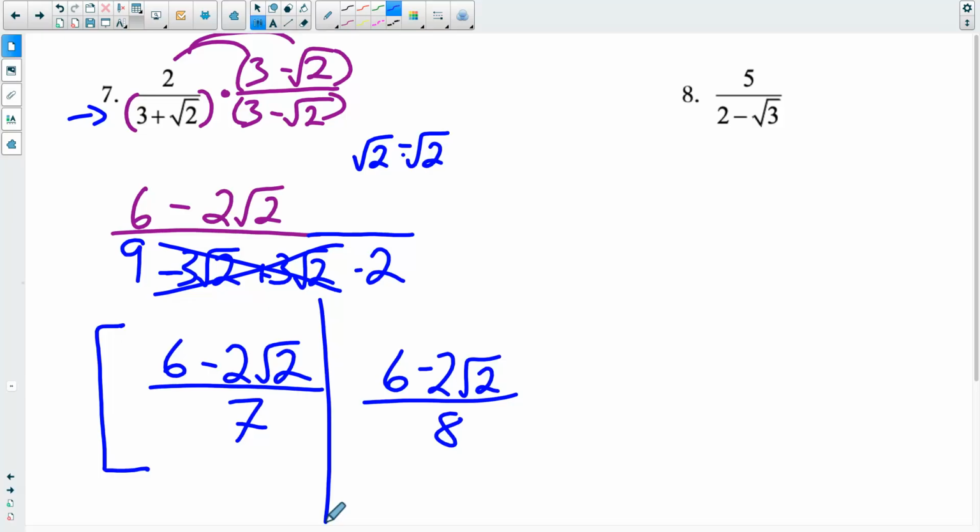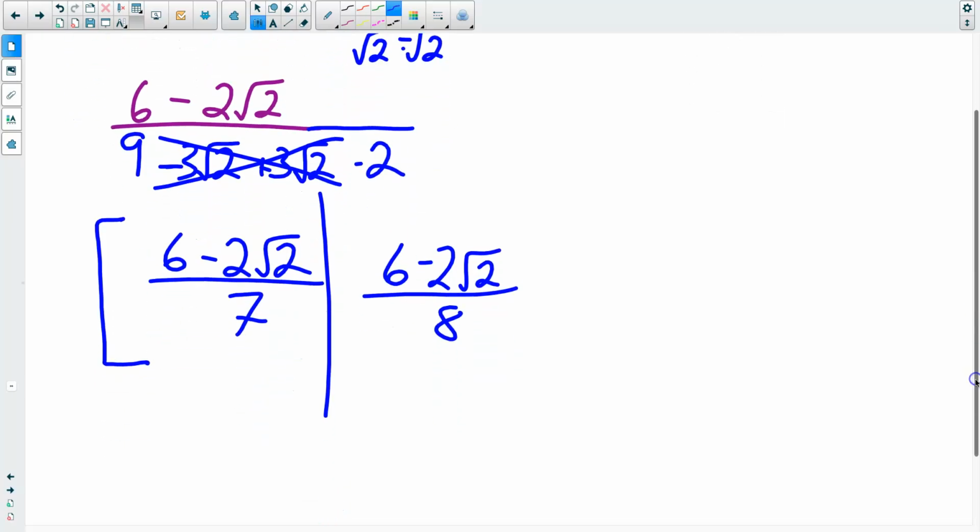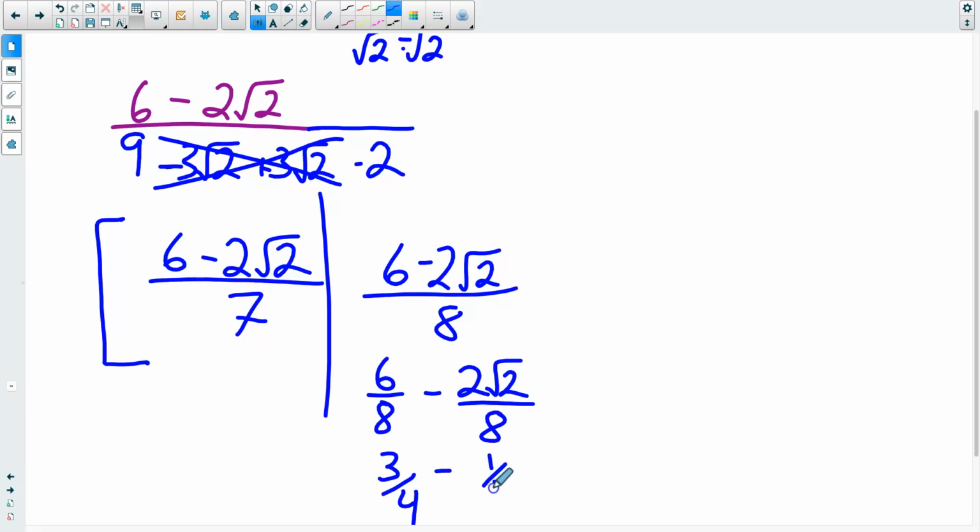So if I look at 6 and 8 and the minus 2 square root of 2, this is the same thing as 6 divided by 8 minus 2 square roots of 2 divided by 8. This 8 does not go to one of them. It goes to both. And I've seen a lot of people make that mistake too. So when we reduce here, this becomes 3/4 minus, this will be 1/4.